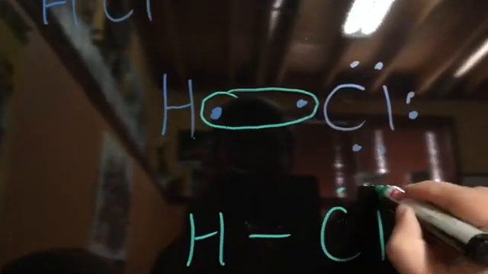So it has 7 valence electrons. So they each only need 1 more electron. Remember, hydrogen only needs 2 to be stable. So what's going to happen is they're just going to share this 1 pair of electrons, and we get a molecule that looks like that. So hydrogen has 1, 2, and chlorine has 1, 2, 3, 4, 5, 6, 7, 8. So they're both happy like that.